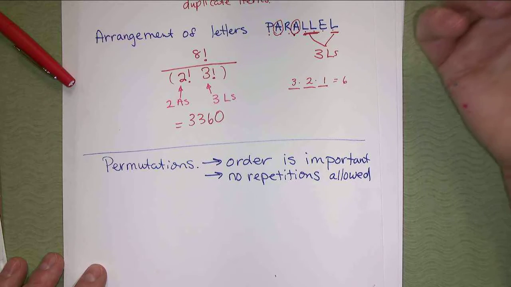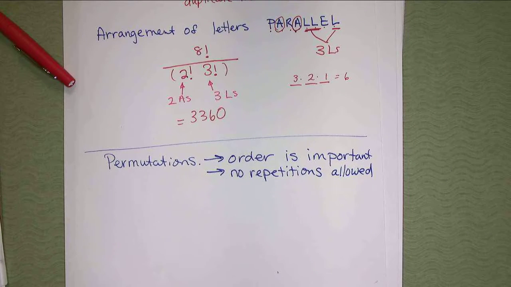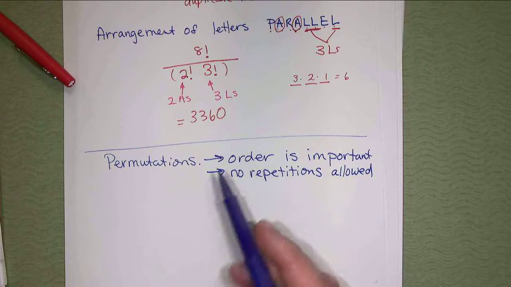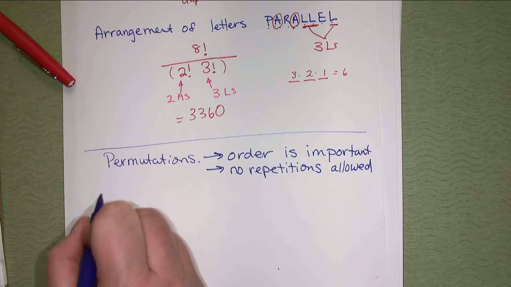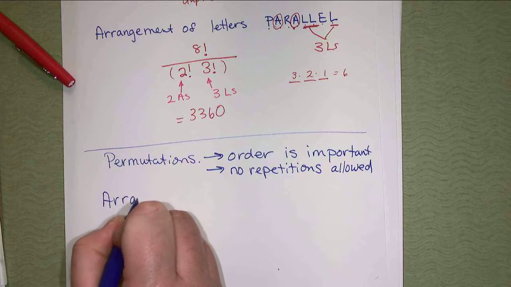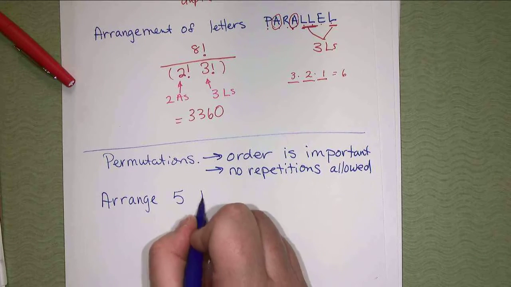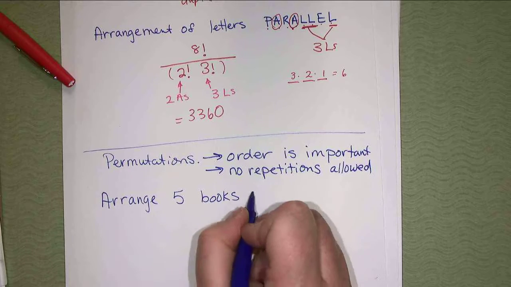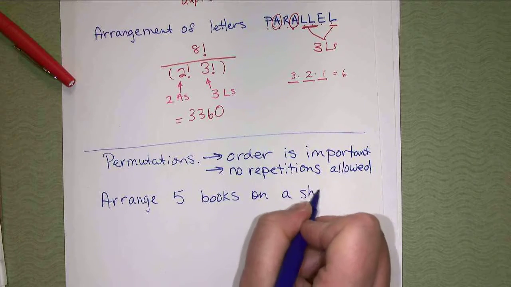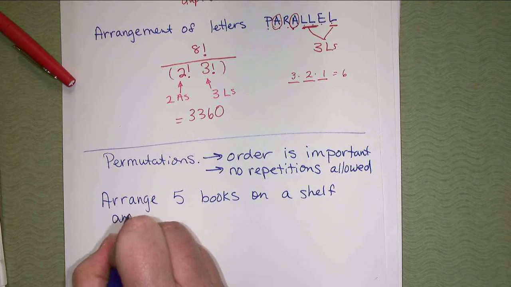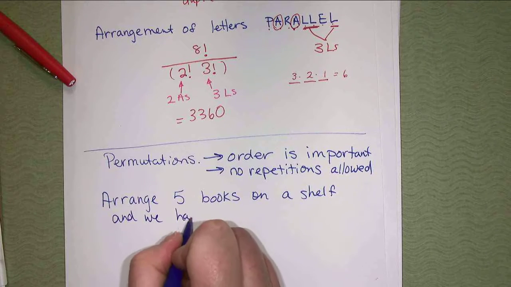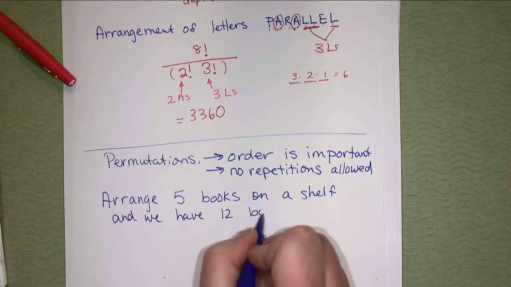No repetitions. An example of that, as opposed to the ones we just did where they didn't necessarily go in descending order, would be arrangements. So say we want to arrange 5 books on a shelf, and we have 12 books to choose from.